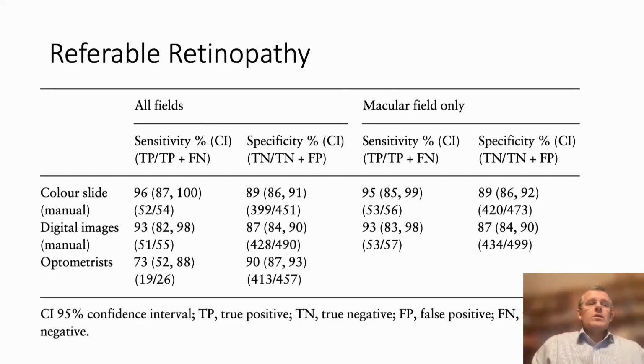So when we look at the results for referable retinopathy, patients with moderate background retinopathy or worse, new vessels, or macular edema, we can see that colour slide and digital images were very similar in terms of sensitivity and specificity for all fields and also for the macular field alone. For optometry, the specificity was very good, but the sensitivity was a little bit low.